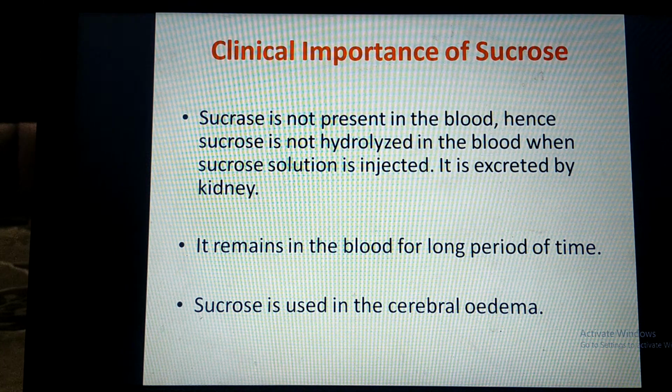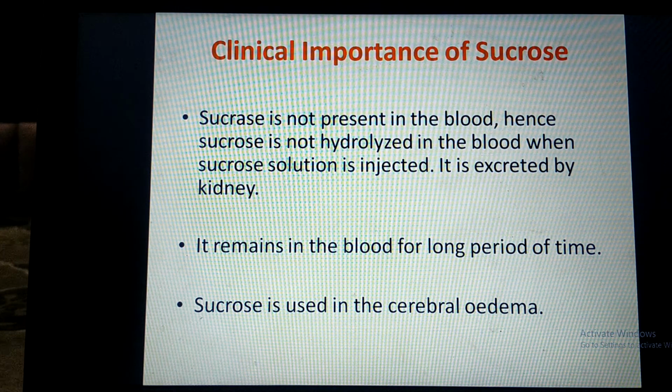This is because when we inject the sucrose intravenously, it is not digested in the blood as the corresponding enzyme is absent in the blood.